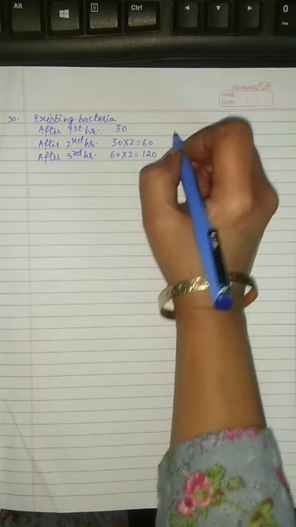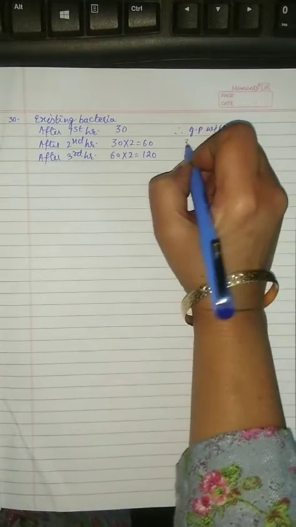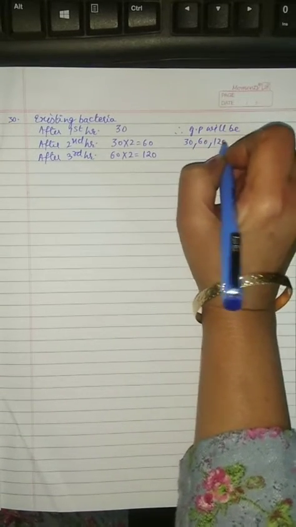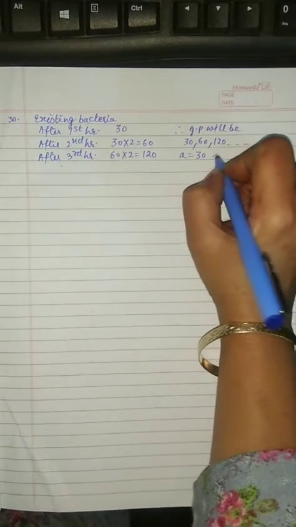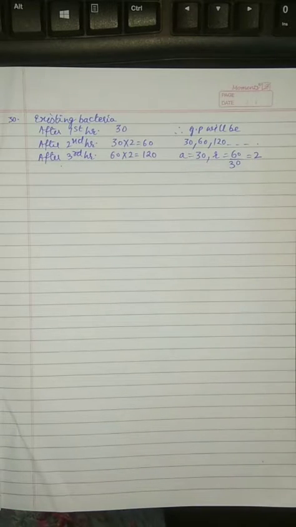Therefore the GP will be 30, 60, 120 and up to n terms. So our sequence has become 30, 60, 120 and so on. So here we have first term A equal to 30 and our common ratio is 60 upon 30, that is 2. Now we have to find the bacteria present after 2 hours.